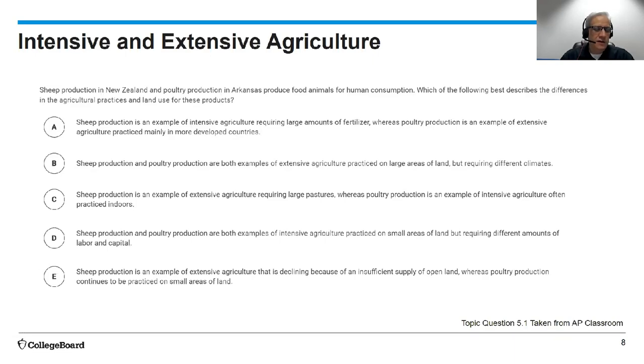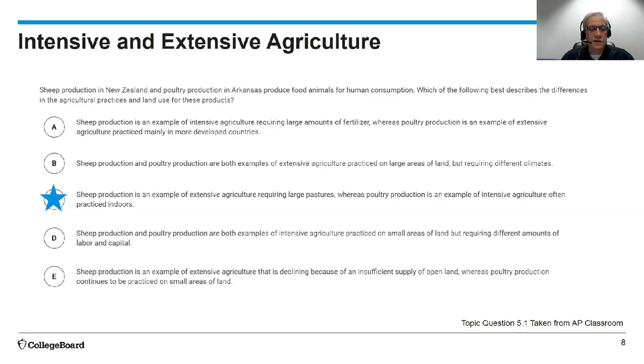D. Sheep production and poultry production are both examples of intensive agriculture practiced on small areas of land, but requiring different amounts of labor and capital. Or E. Sheep production is an example of extensive agriculture that is declining because of an insufficient supply of open land, whereas poultry production continues to be practiced on small areas of land.